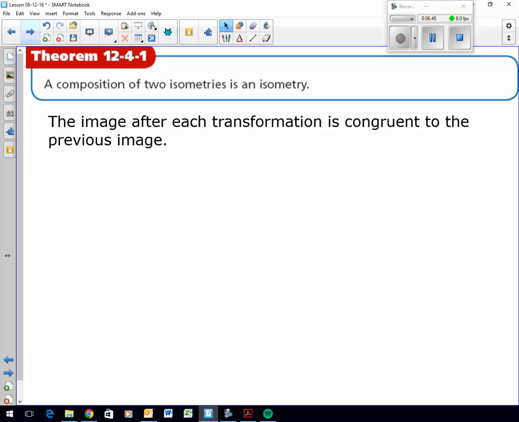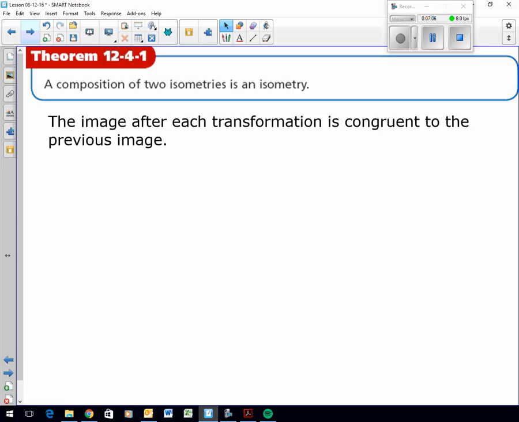Composition of two isometries is an isometry. Oh, that's stunning, right? This is the important one, too. The image after each transformation is congruent to the previous image. All of this talks about what we call rigid motion, rigid transformations.